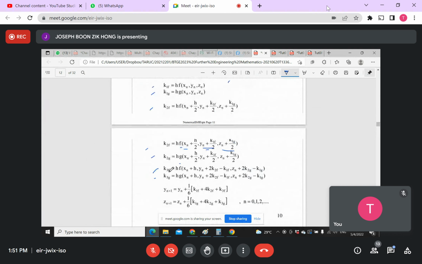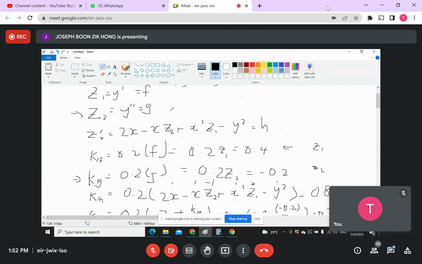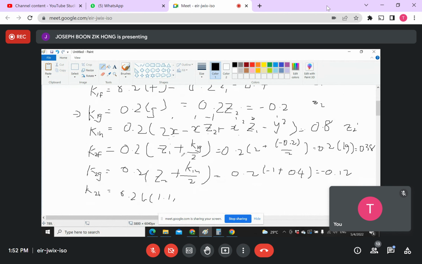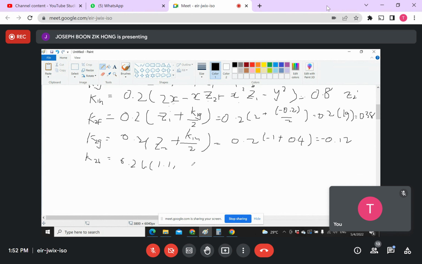And then your Xn is 1, so 1 plus H divided by 2, so 1.1. And then what is your Y? Your Y will be 1, but 1 you have to plus K1F divided by 2, so 0.4 divided by 2, so 1.2.